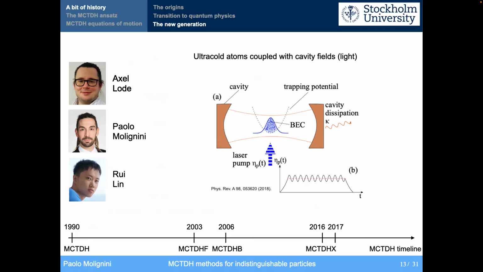And also because the method is time-dependent, you can engineer any type of protocol that they do in the experiments. So you can think of ramping up laser pumps, doing some type of periodic drive, ramping it down. So you can really just recreate exactly what they do in the lab. So it was very useful for us in this context.